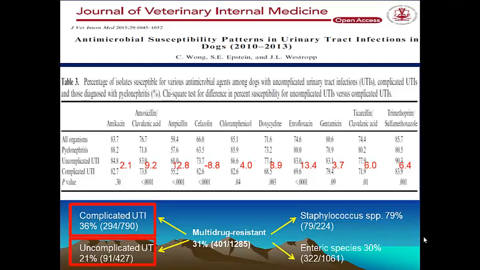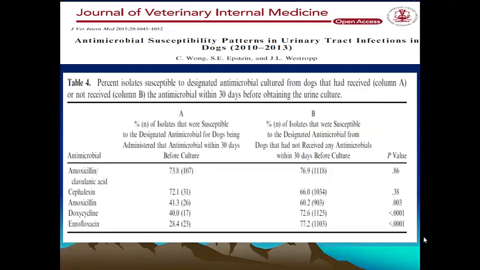The other important results of this study was that dogs that receive amoxicillin, doxycycline, or enrofloxacin 30 days before the urine was obtained for doing bacterial cultures had higher resistance levels. So as you can see, we're comparing column A, there are the percent of isolates that were susceptible to the designated antimicrobials for dogs being administered that antimicrobials within 30 days before cultures.